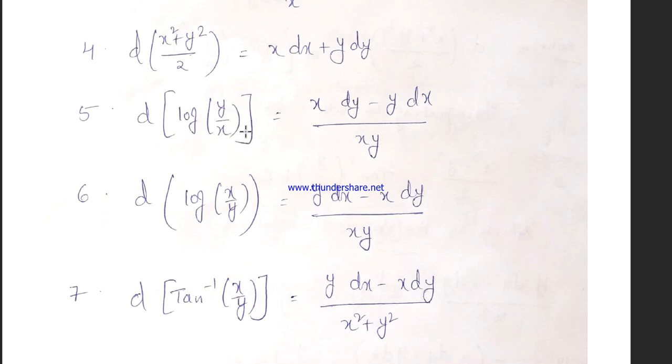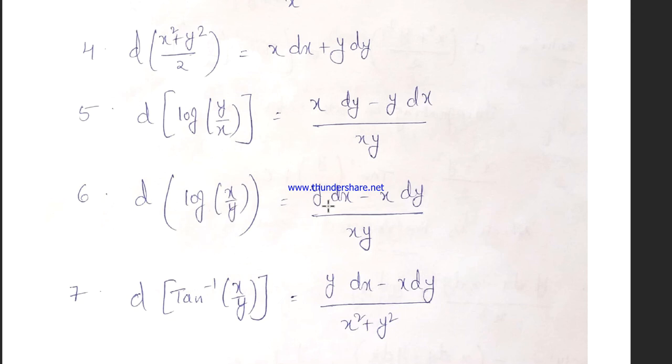Log means you differentiate the whole function, and the base function here is y by x. Write the differentiation of y by x and cancel the terms, and we get the form (x dy minus y dx) by xy.